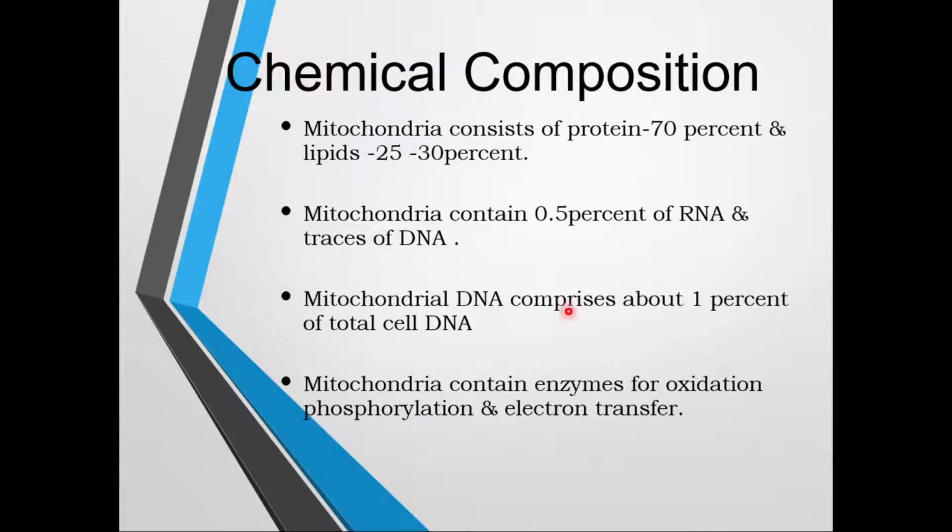Then mitochondrial DNA comprises about 1% of total cell DNA. एक सेल के अंदर न्यूक्लियस होता है, उस न्यूक्लियस के अंदर उसका कंप्लीट जेनेटिक मटेरियल होता है। सो जितना भी जेनेटिक मटेरियल उसके न्यूक्लियस में प्रेजेंट है उसका 1% जेनेटिक मटेरियल उस सेल के माइटोकॉन्ड्रिया में प्रेजेंट होता है। सो ये रेशो ध्यान रखो 1:100 का, कि अगर DNA और जेनेटिक मटेरियल 100% न्यूक्लियस में प्रेजेंट है, सो उसी सेल में जितने भी माइटोकॉन्ड्रिया है उसमें 1% of DNA is found.